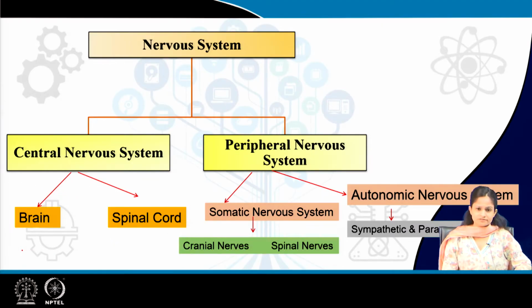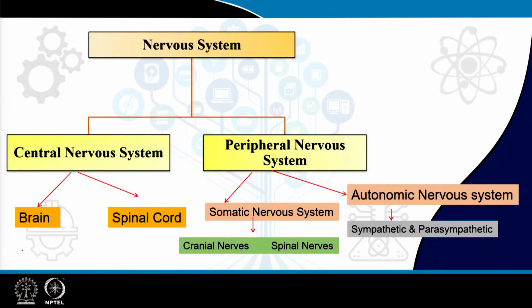Now coming on to the nervous system, overall as you can see, the nervous system is divided into mainly two parts, that is central nervous system and peripheral nervous system. Central nervous system is what? The main thing in our body which controls the whole system of our body.